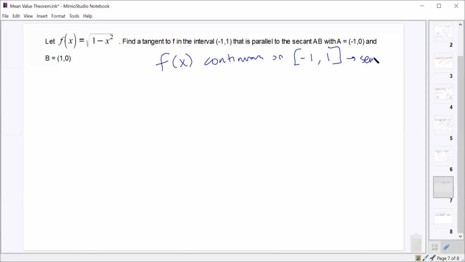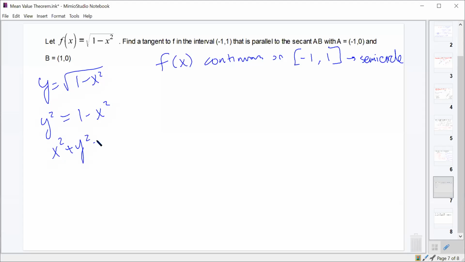This is a semicircle. This is a graph you should know, right? Off to the side here, y equals √1 minus x squared. If I square both sides of that, I can get x squared plus y squared equals 1. The positive square root is the upper half of the semicircle, and the negative square root would be the lower half of the semicircle.